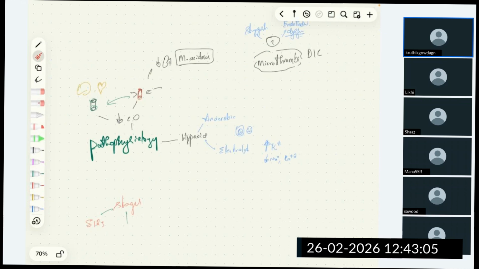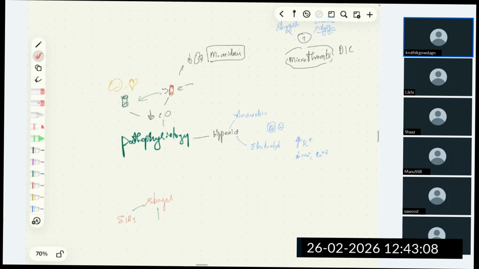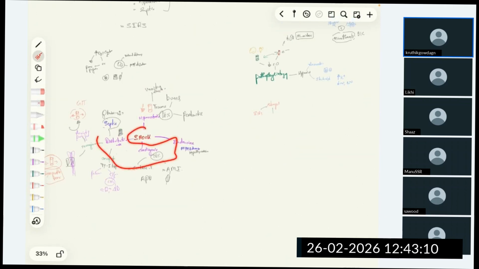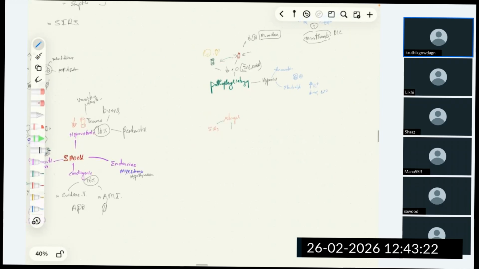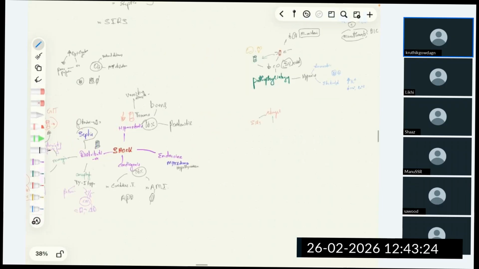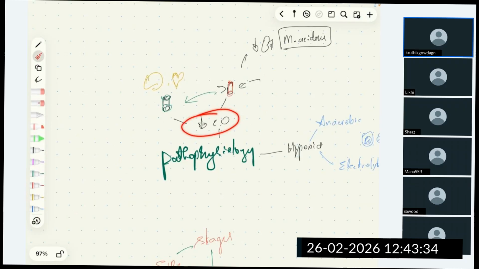What happens in pathophysiology of shock? See, in any kinds of shock, there is reduced cardiac output. What is cardiac output? That is stroke volume into heart rate. So in all these causes, in hypovolemic, distributive, and cardiogenic, there is reduced stroke volume. When the cardiac output is reduced, body tries to do one thing.